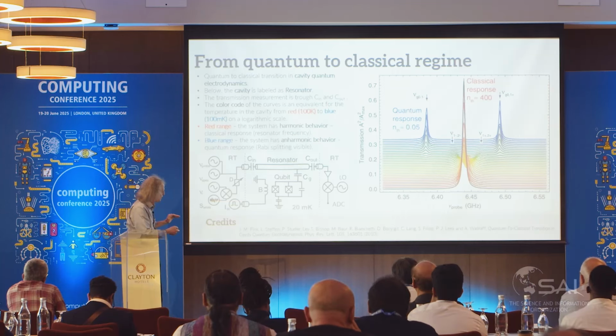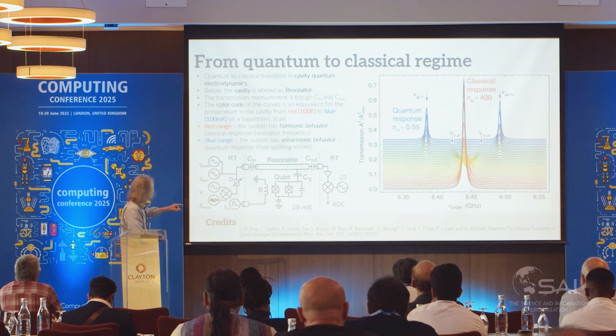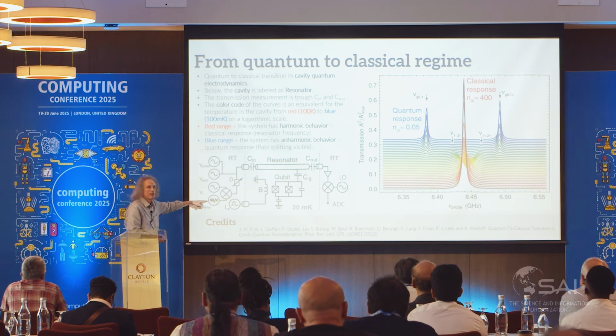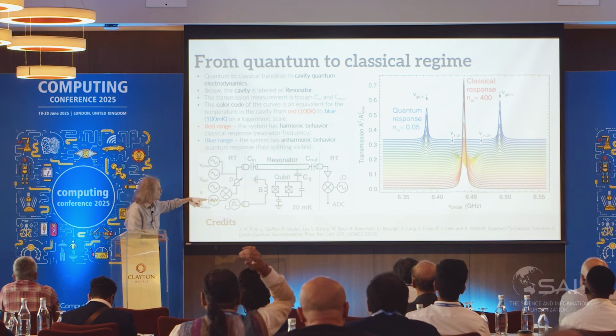If we now lower the temperature, and because this is not easy with these dilution refrigerators, this group actually took a trick. They feed, just with white noise, the heat into the system just by microwave photons.